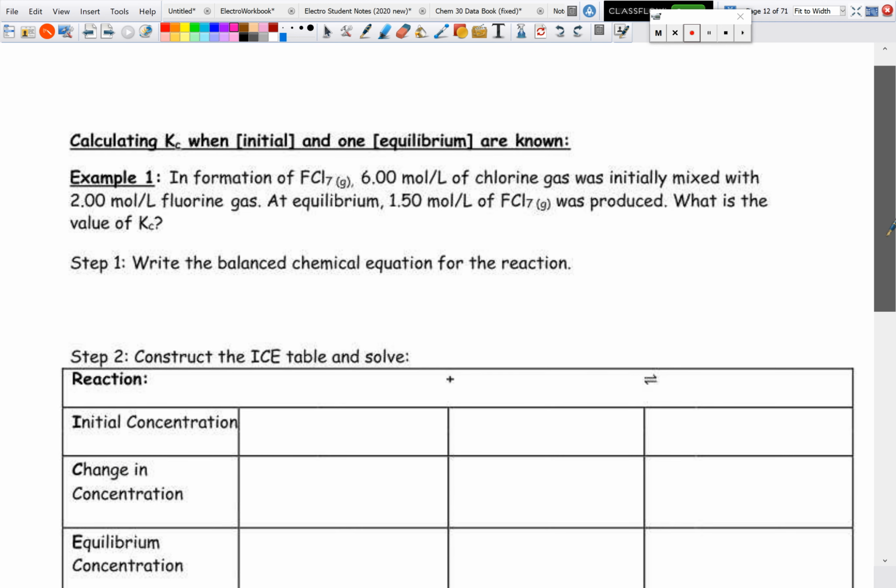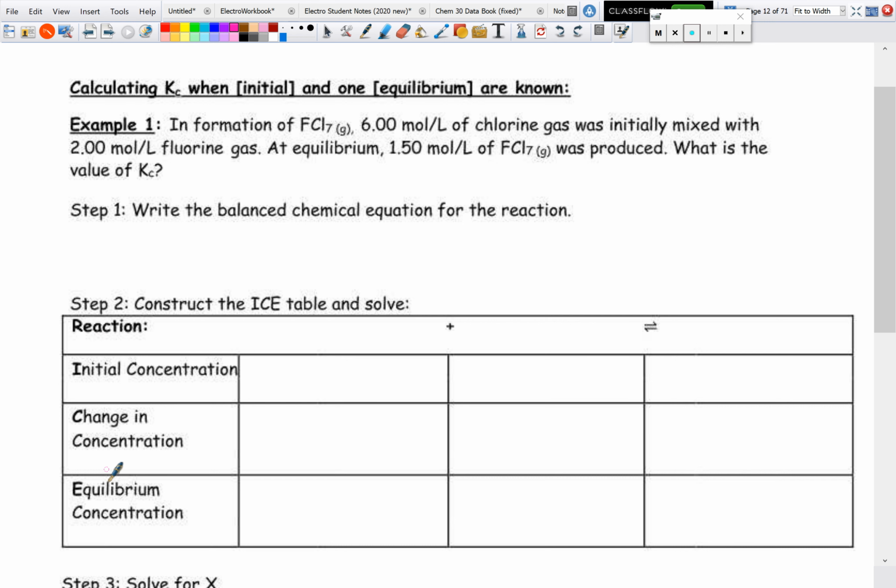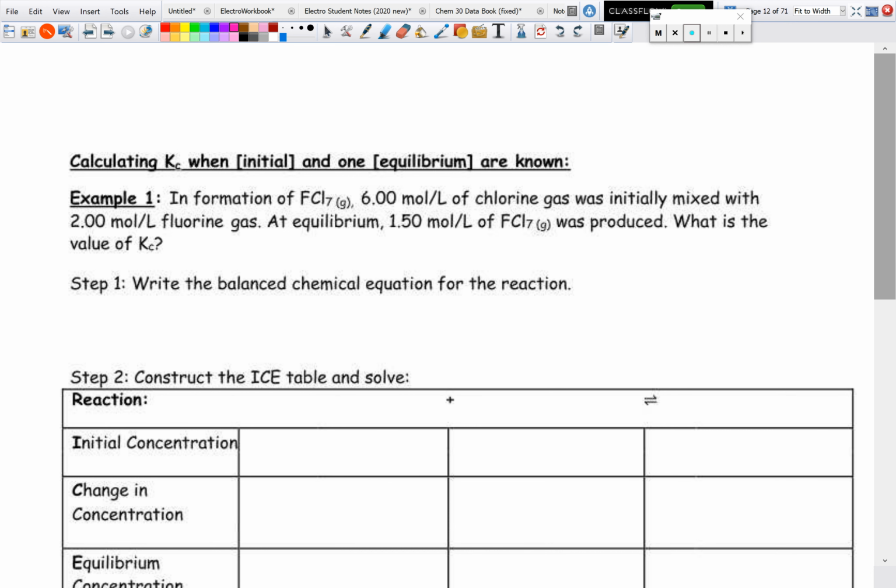Now generally for questions, you're not going to be given an ICE table like this. Of course, for these here, I'm giving them to you just until you kind of get going.